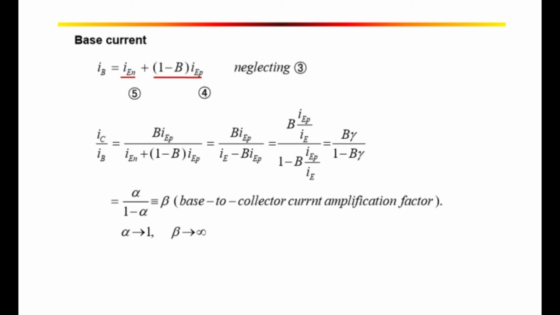And we can see that when alpha tends to 1, our beta becomes infinity. So this beta is called the base to collector current amplification factor, which shows that the collector current is very much larger than the base current.